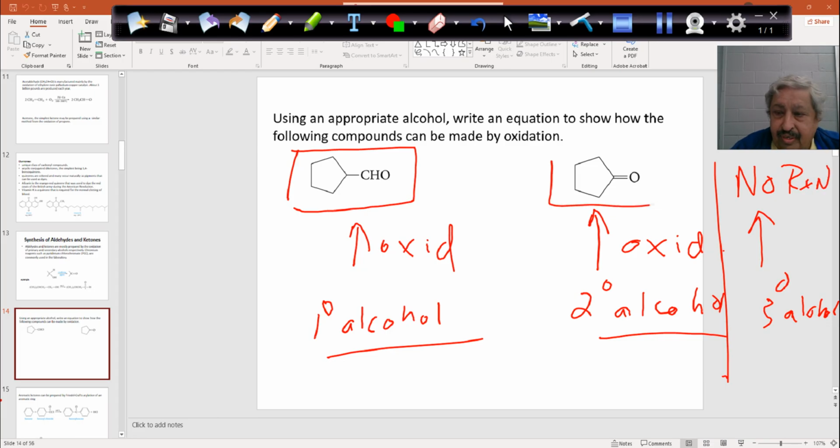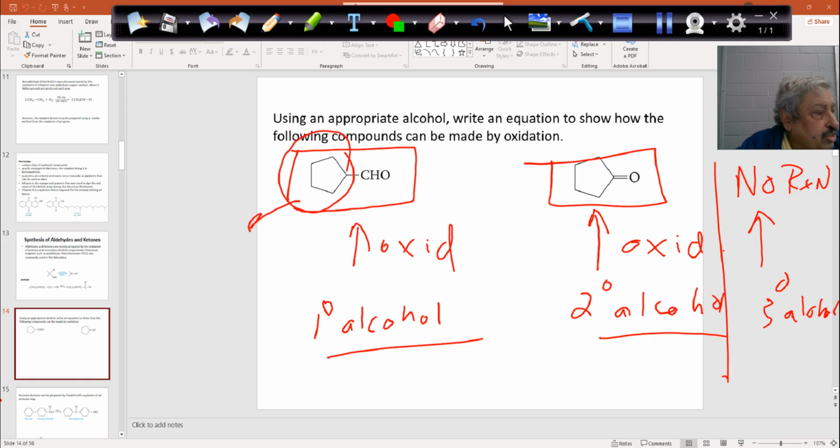So we have the primary alcohol of this cyclopentylmethanol. This is cyclopentane.